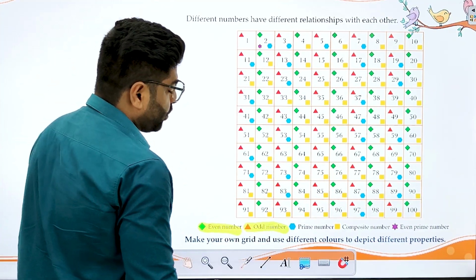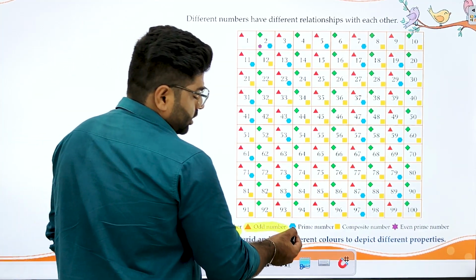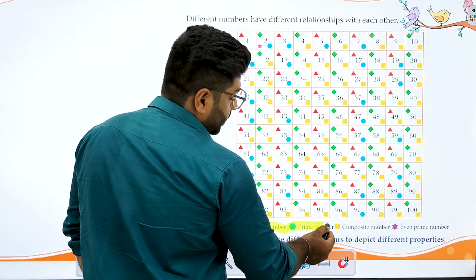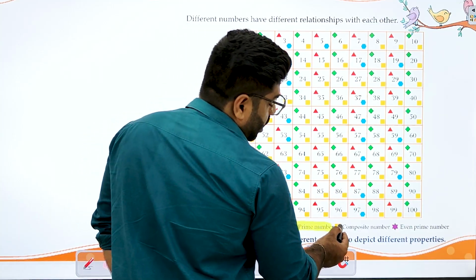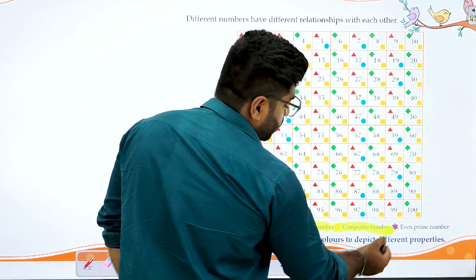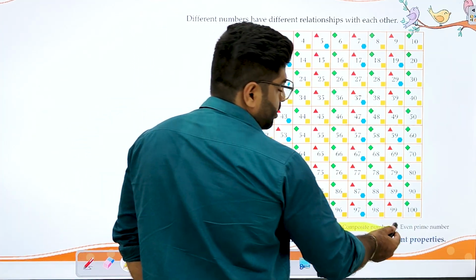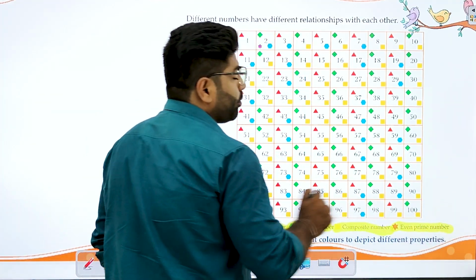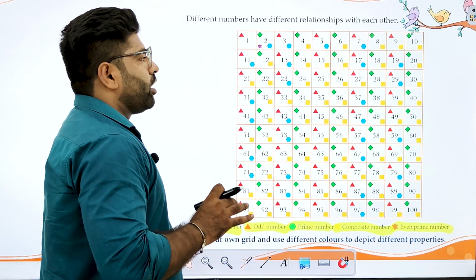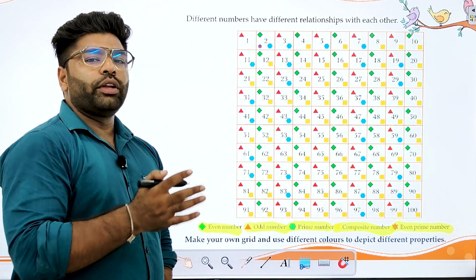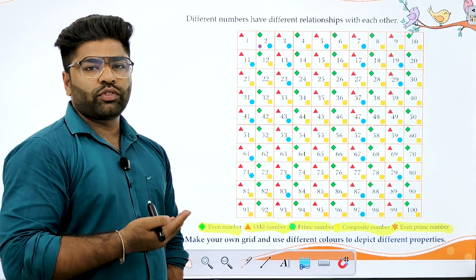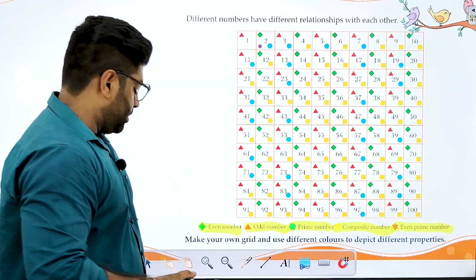Red triangle is for odd numbers, blue hexagon is for prime numbers, yellow square is for composite numbers, and purple star is for even prime numbers. You have learned about them in the previous topics, what these kinds of numbers are, and we have represented them here.